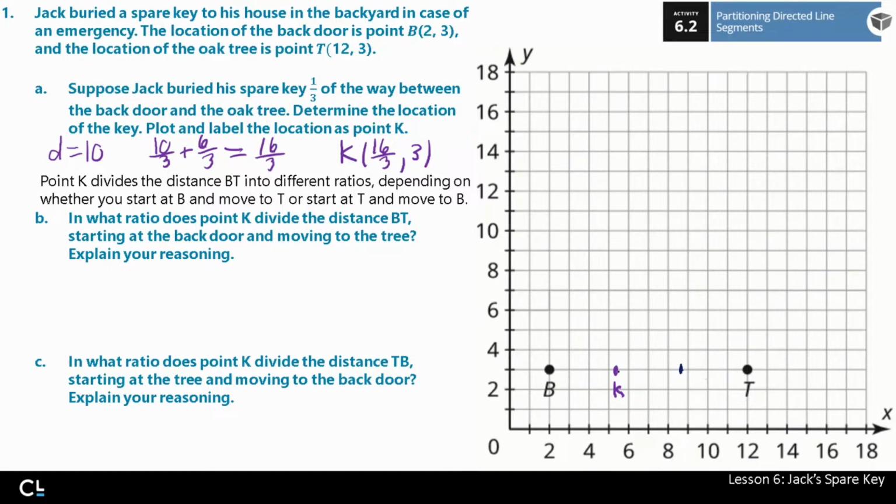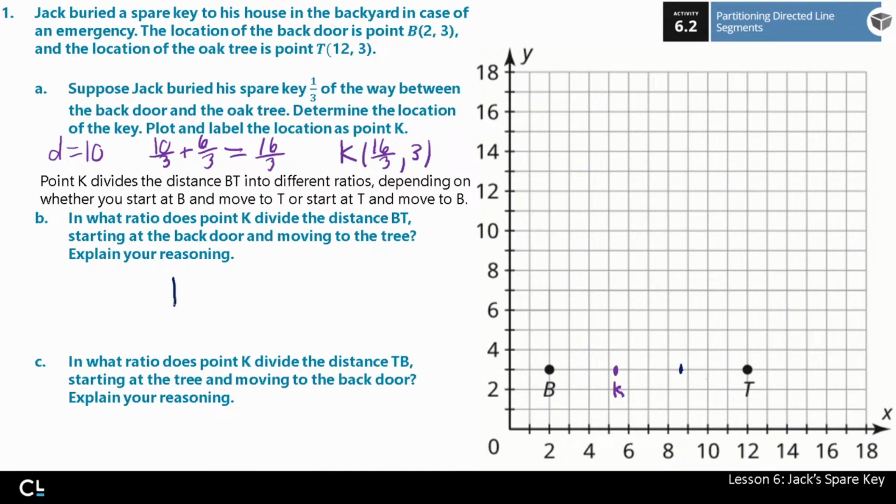So now you can see those 3 sections from B to K, K to our blue dot, and our blue dot to T. We have thirds. So if we want to write a ratio for K from B to T, we say how many thirds is before K, right? We get 1/3. So our ratio is going to be 1 to 2.